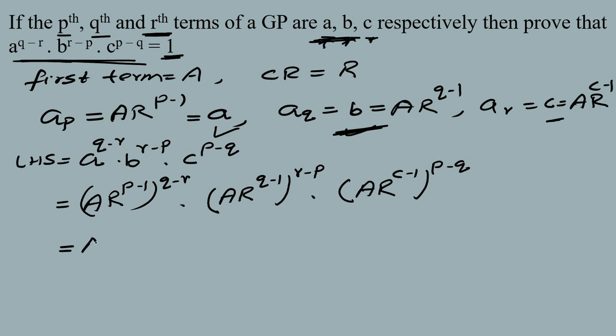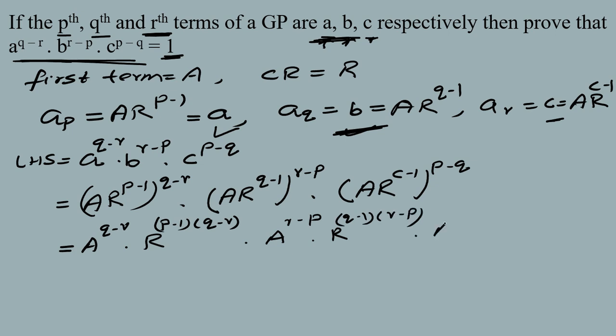It is A to the power Q minus R times R to the power (P minus 1)(Q minus R), times A to the power R minus P times R to the power (Q minus 1)(R minus P), times A to the power P minus Q times R to the power (R minus 1)(P minus Q).